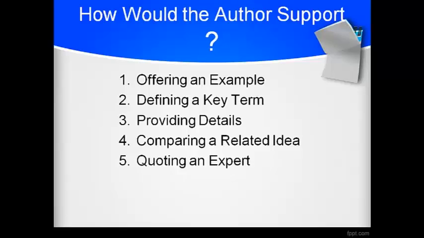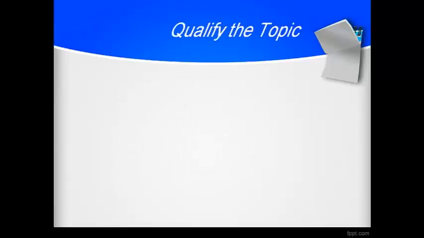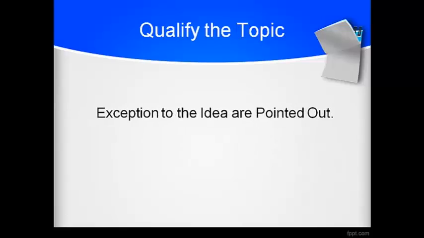So once the author gives the supporting details, what usually they'll do is they qualify the topic. When I say qualify the topic, it means that they're putting a restriction or an exception to that idea. So now they're trying to do a contrast.